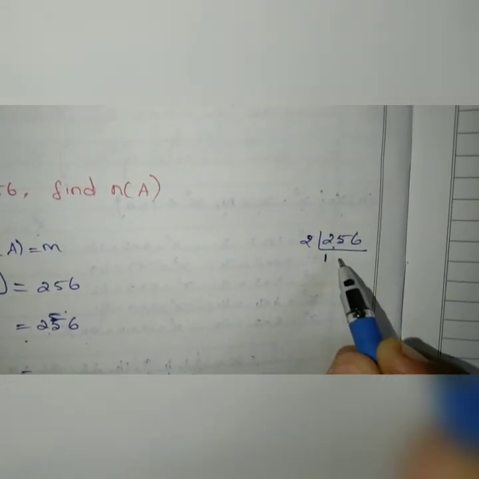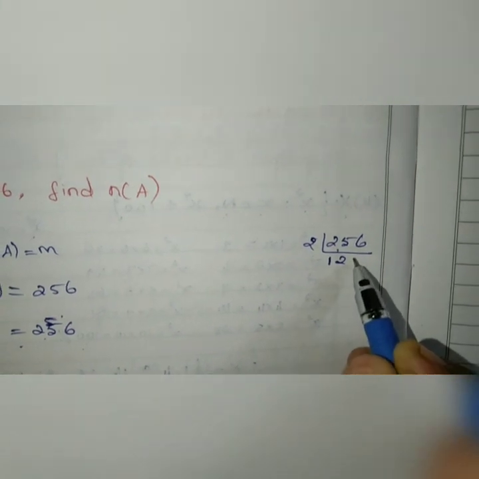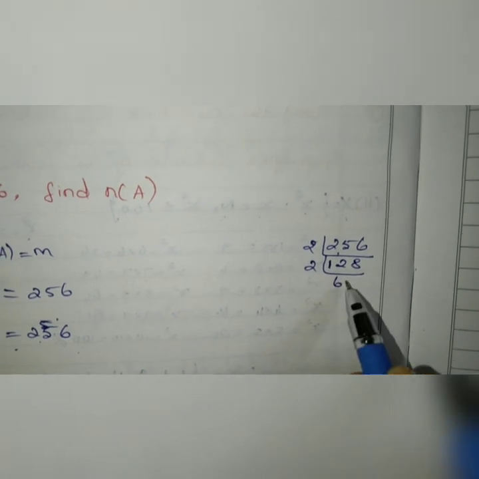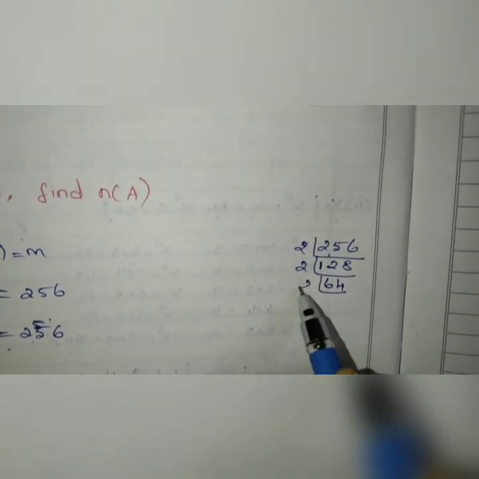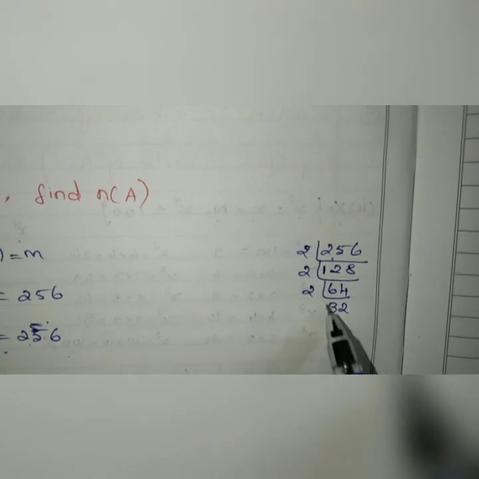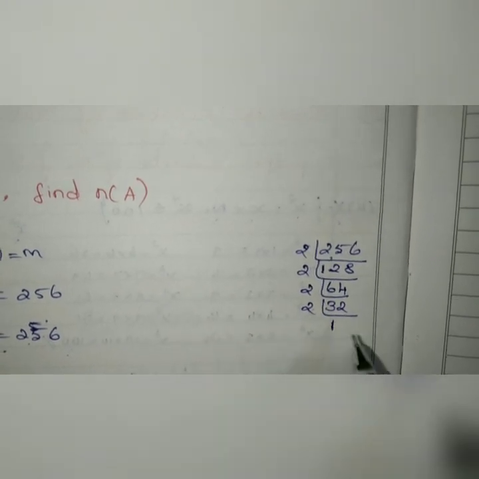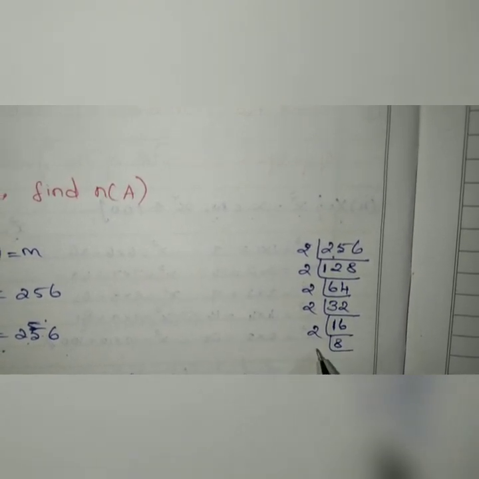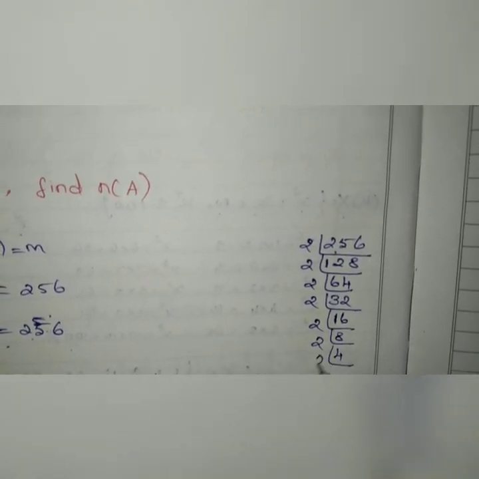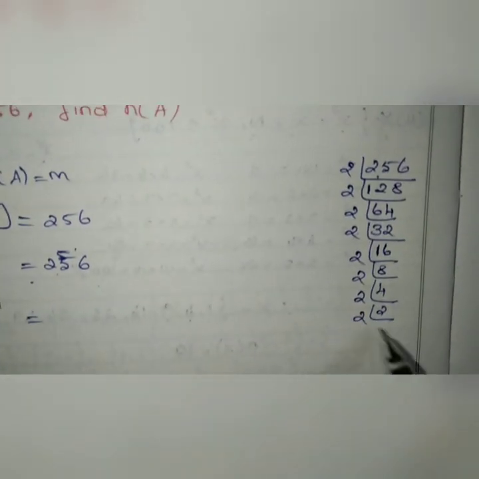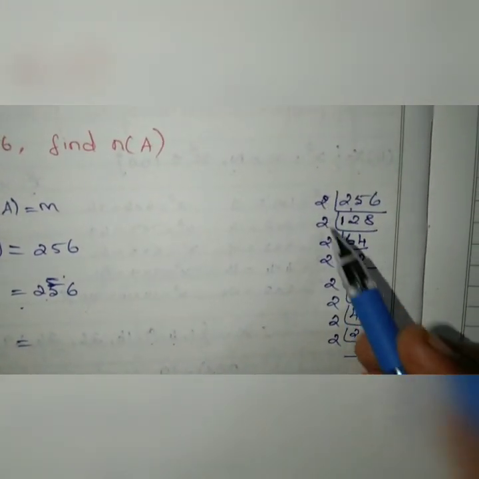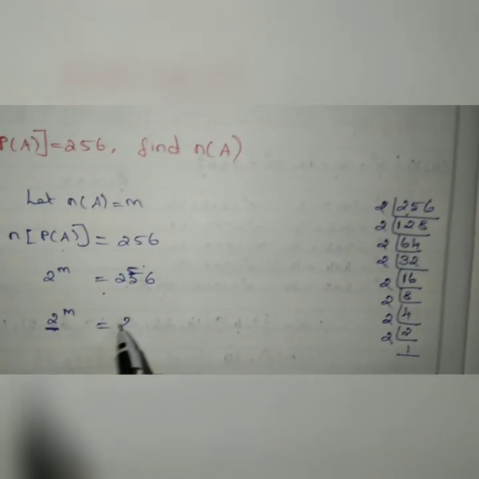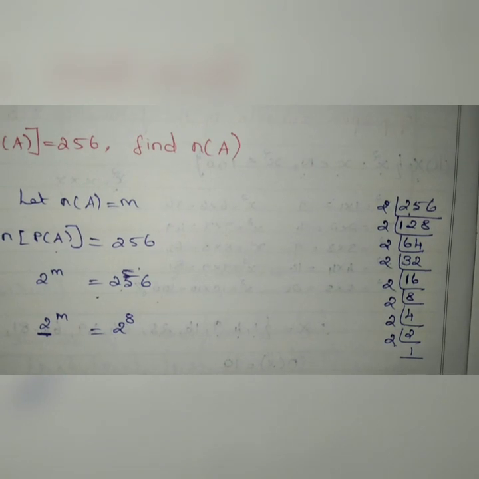2 ones are 2, 2 twos are 4, 2 fours are 8, 2 eights are 16, 2 sixteens are 32, and so on, until we reach 256. Counting the factors: 1 2 3 4 5 6 7 8. So 256 can be written as 2 to the power 8.